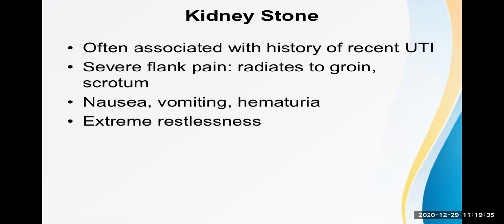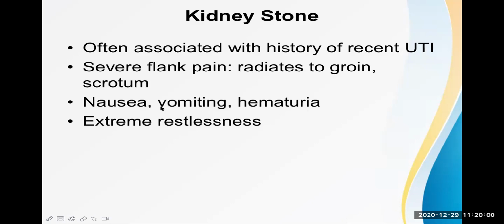Loin is the place, okay, where the kidney is located. Loin means lumbar region. So pain starts there and it is radiating towards the groin. Groin means inguinal region. Highly typical of kidney stone. Sometimes the kidney stone may dislodge and go to the ureter also. There is nausea, vomiting, and hematuria, very common features.